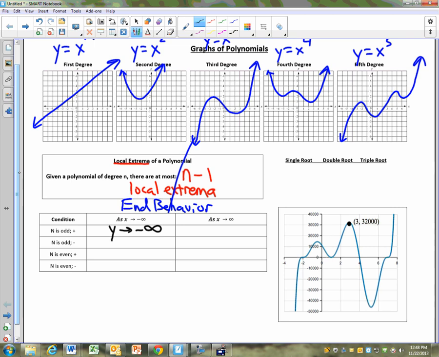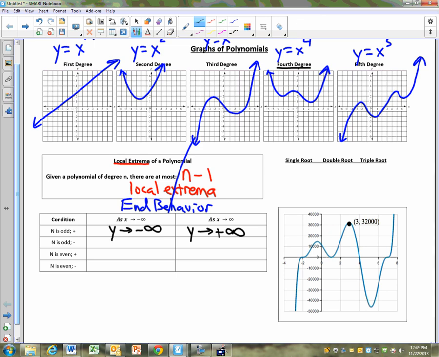Yep. Now let's try the next part. Let's suppose that x is going this way towards positive infinity. What happens to the y value? It goes as well towards positive infinity. Let's look at another positive function, but instead of having an odd power, let's look at an even power, such as a fourth degree polynomial.